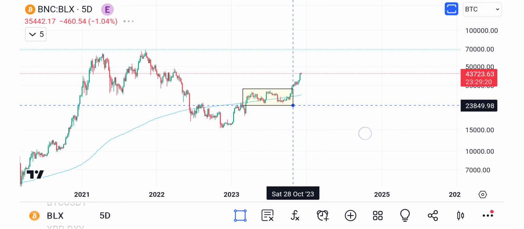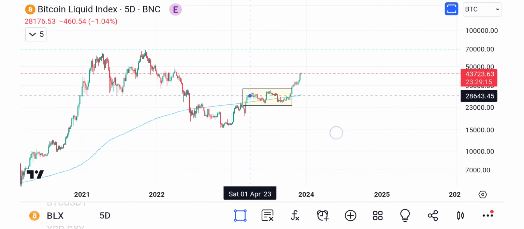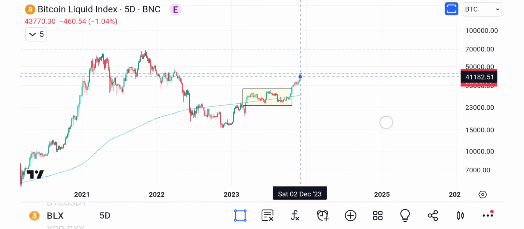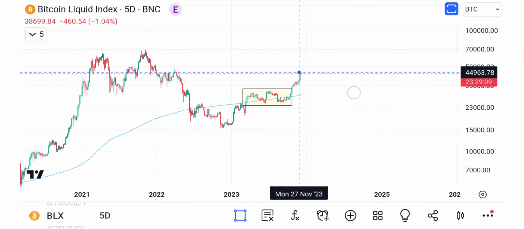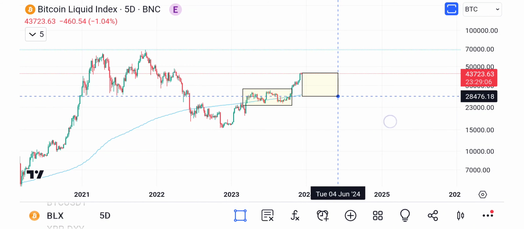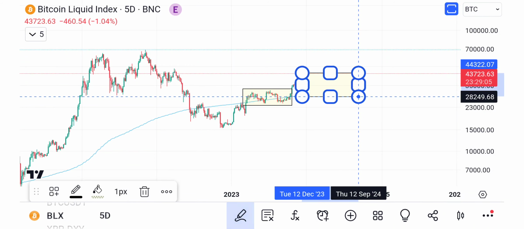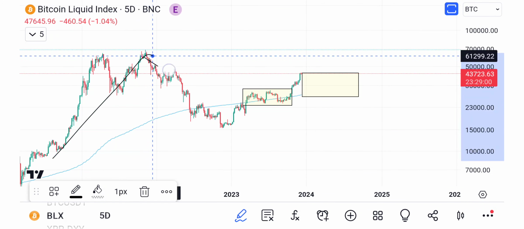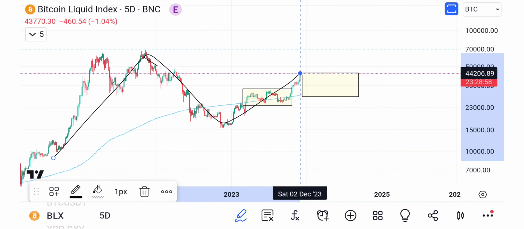So here's our base, right down here. And remember, Bitcoin was in that thing for a while, for over 6 months. We broke out, right? So now we want to come down into another base. And that would be what? Rise, crash, retrace.